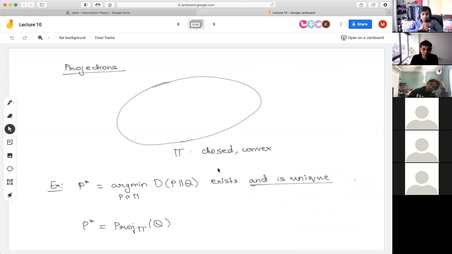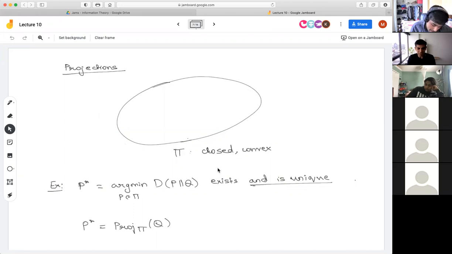Now this operation behaves very nicely and is called a projection when pi is of a special form. So we saw that when pi is a closure of an open set or something, a closure of an interior or even a bounded closed set, then the P star exists, because if we have a limit converging to the infimum, then the limit of the sequence also exists inside the set.